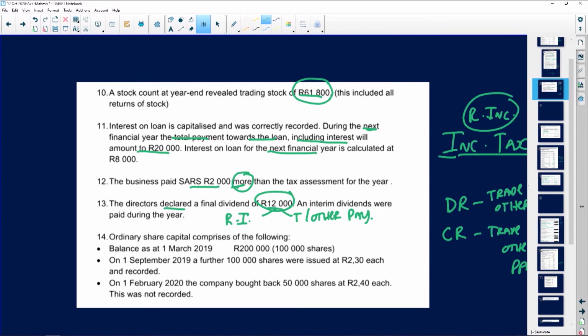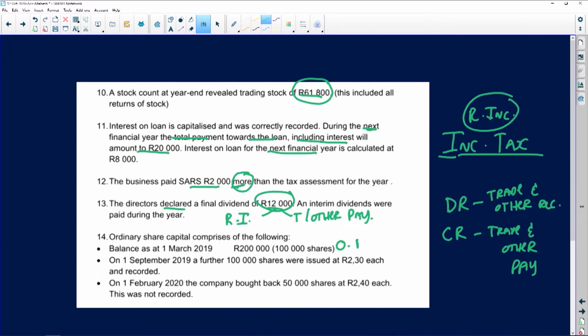Right, adjustment 14. Ordinary share capital comprises of the following: balance as at 1st of March 2019, 200,000. So obviously that is my opening balance. Then on the 1st of September 2019, a further 100,000 shares were issued at R2.30 each and recorded.